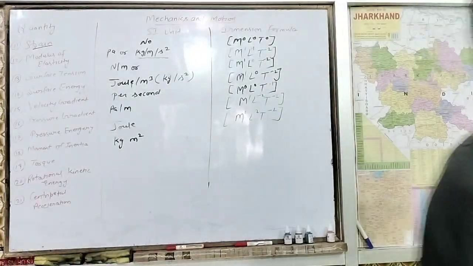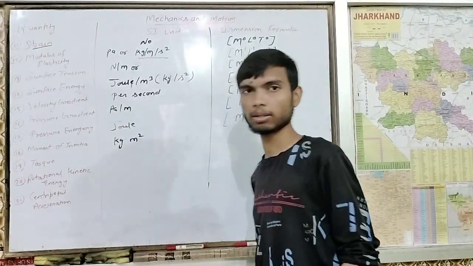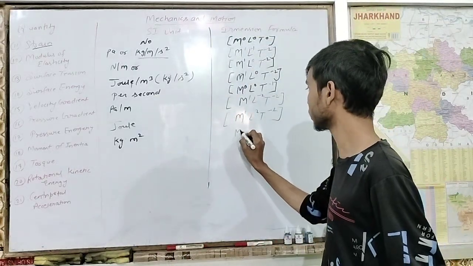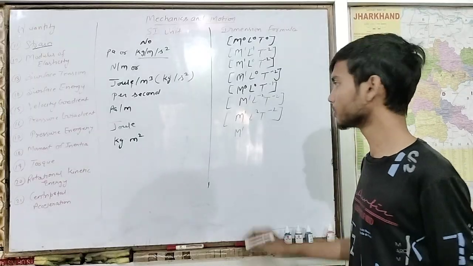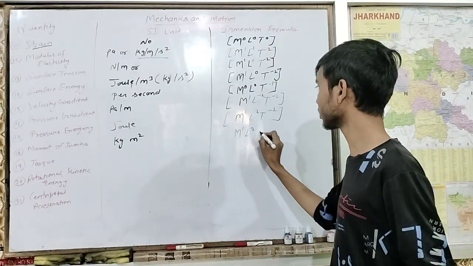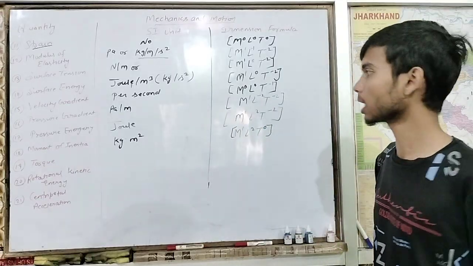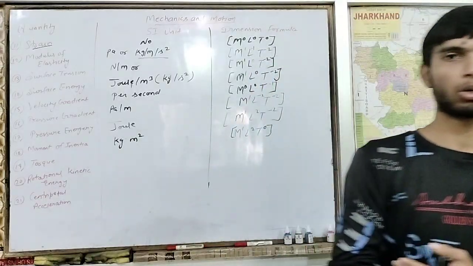Here kg is mass, you know this is 1, L is 2, and T is nothing. M1, L2, T0 is the dimension formula for moment of inertia.